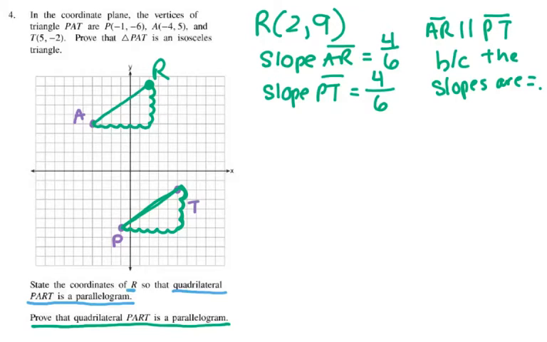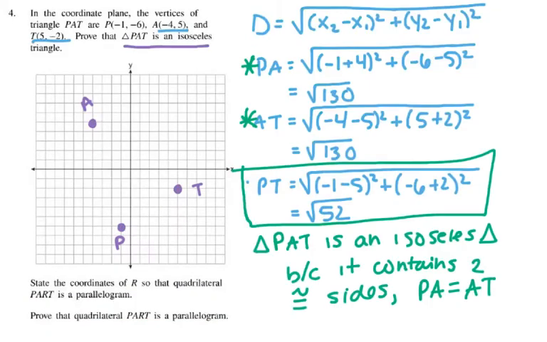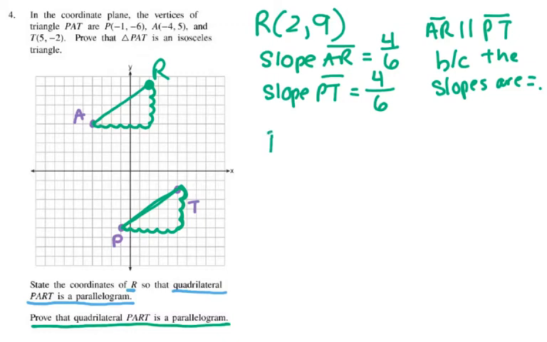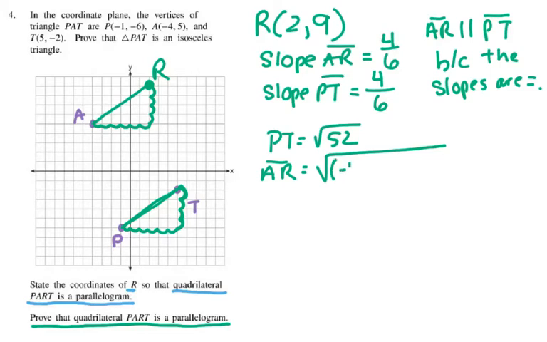Now, once I've proved that AR and PT are parallel to each other, I'm going to go through and prove that AR is congruent to PT. Using my calculation from the first part of the problem, I already know that PT is equal to the square root of 52. I'm going to use my distance formula again to find the distance or length of segment AR. From here, I can say the square root of -4 minus 2 squared plus 5 minus 9 squared.